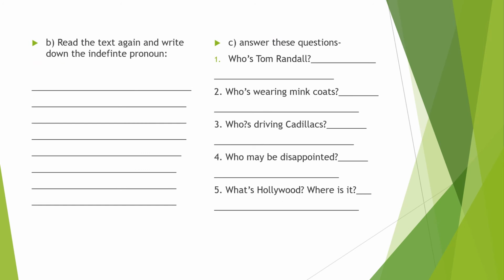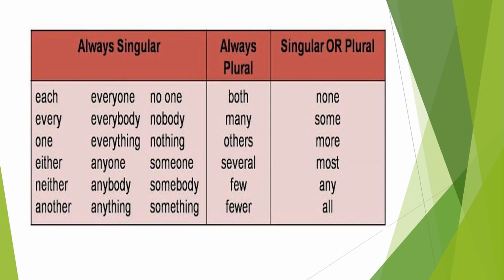In exercise B, you have to read the text again and write down the indefinite pronouns. In exercise C, you are going to answer these questions according to the reading too. Everything is according to the reading in these 3 exercises.